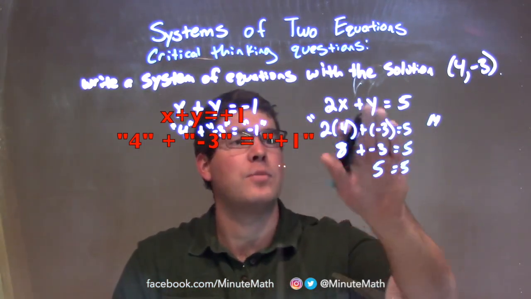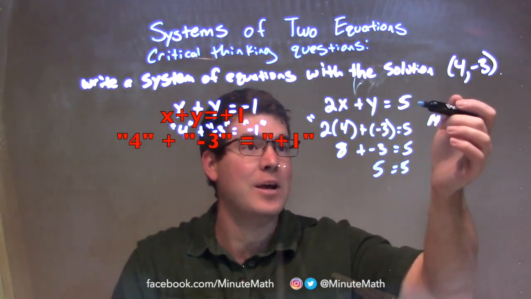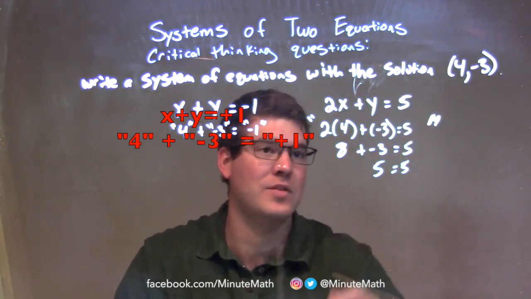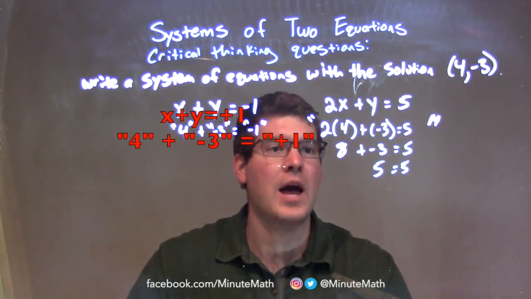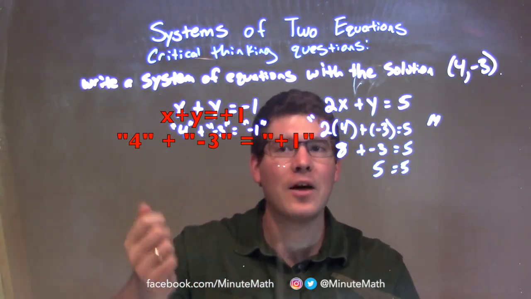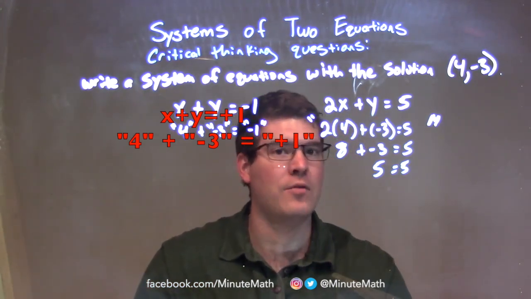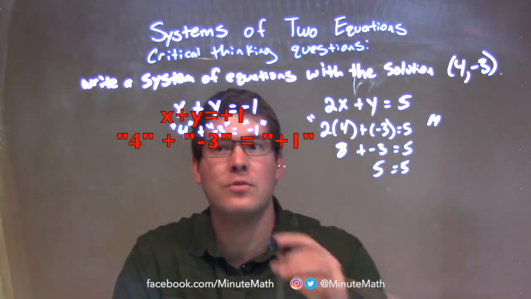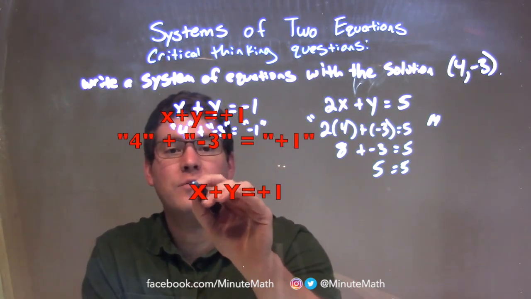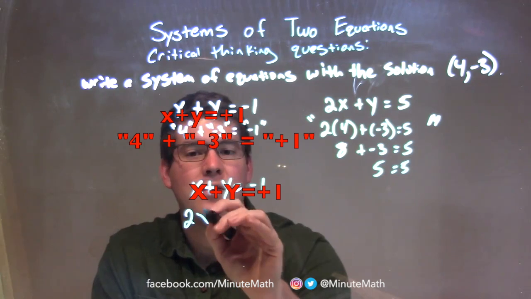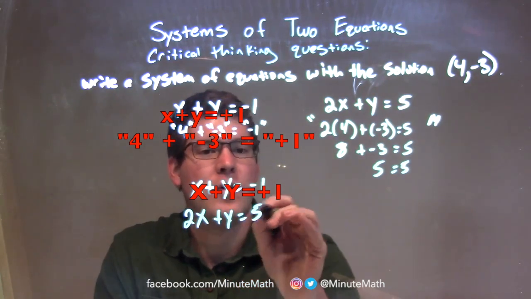So 2x plus y equals 5, if I plug in 4 and negative 3, that is a possible solution to this equation. So now we have two equations that both have a possible solution at 4 and negative 3 for the x and y values. So that's a possible solution. My answer here, my two equations would be just x plus y equals 1 and 2x plus y equals 5.